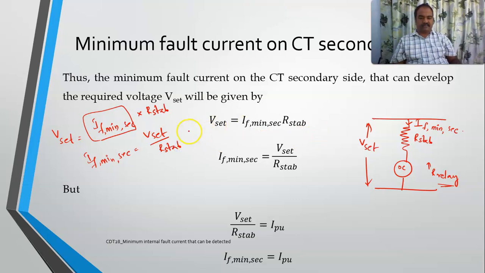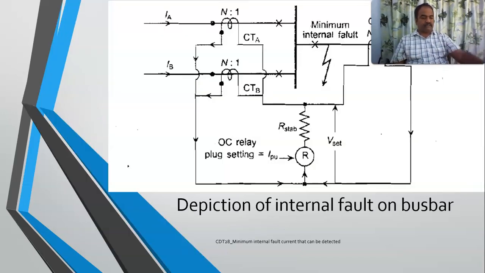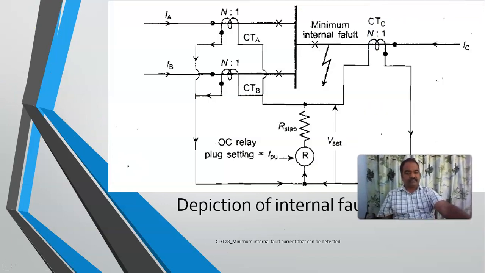But literally speaking, this is actually my pickup value, right? Which means that your minimum fault current which is to be detected must be equal to your pickup value. If it is greater than this pickup value only, then you will be detecting any internal fault in the circuit.